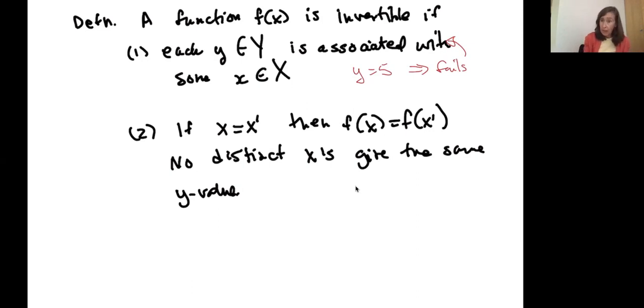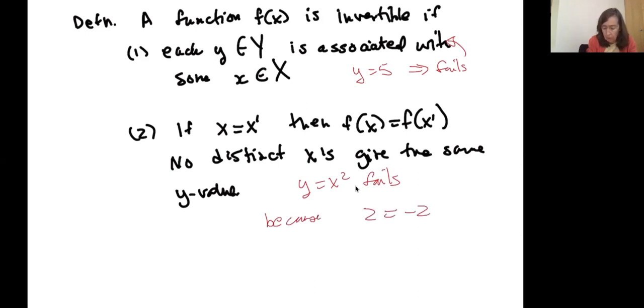And the second criteria for a function to be invertible, well, we just saw an example of how it fails with y equals x squared. Okay, this fails because we can have 2 squared equals negative 2 squared.